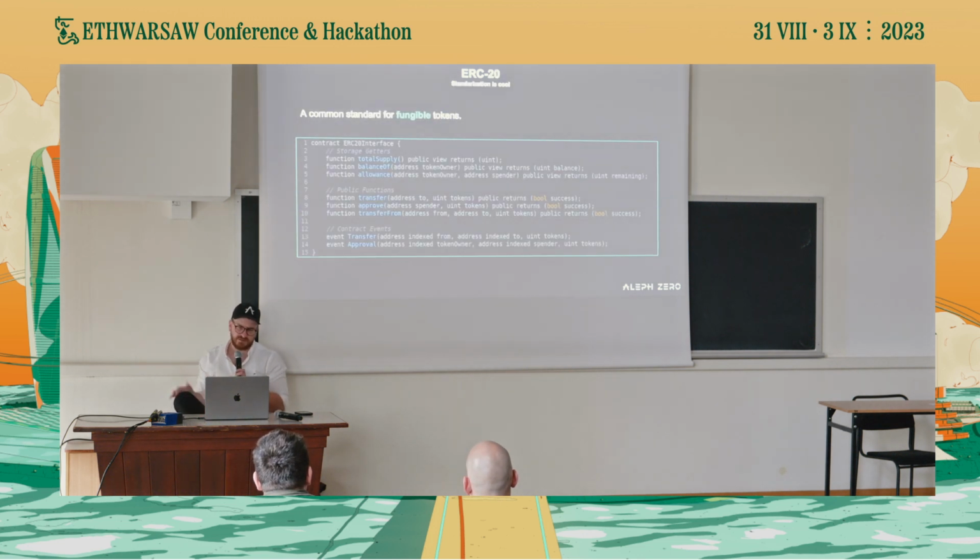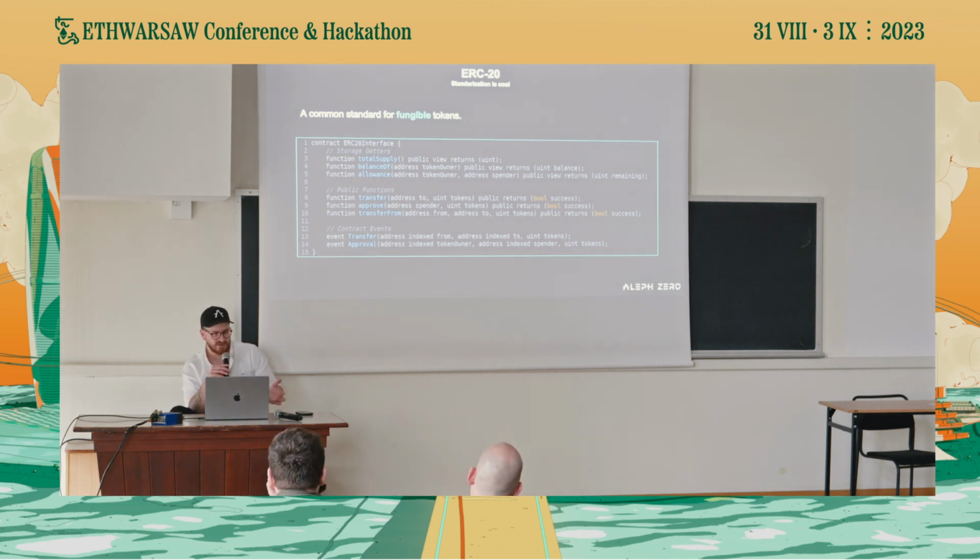Yeah, so what is ERC20, or PSP22, as we call it in the Substrate ecosystem? Well, it's basically an interface that your contract needs to implement in order to be viewed as a fungible token. So there are some basic methods like total supply, basically how much of the token is in circulation. Balance of a specific account, it needs to know that.